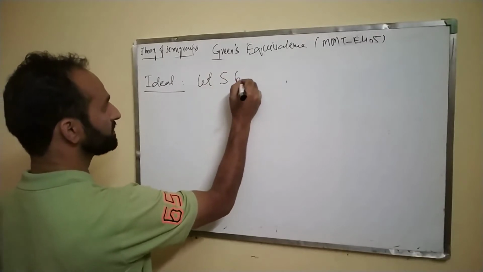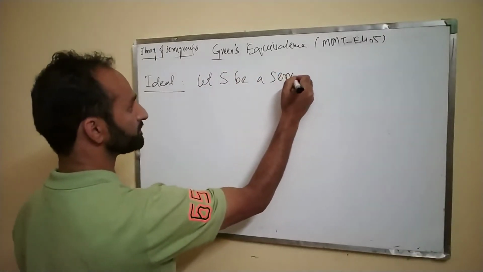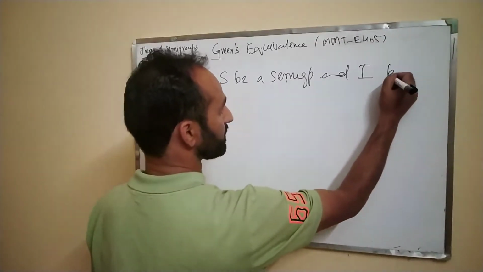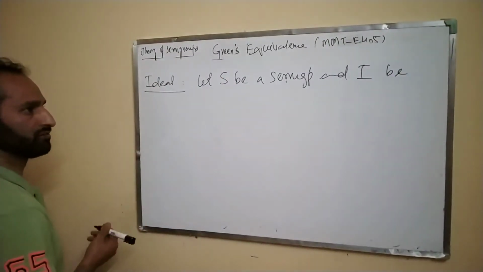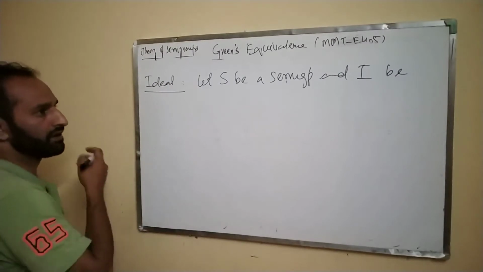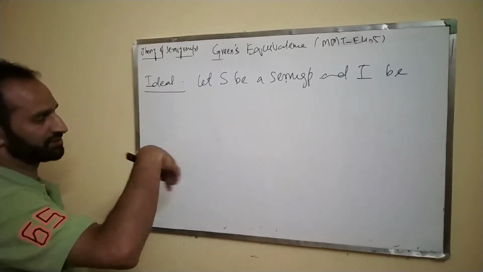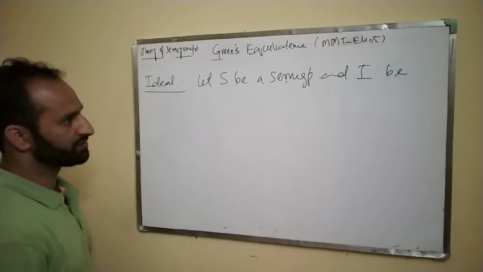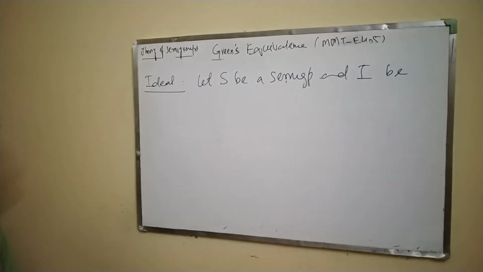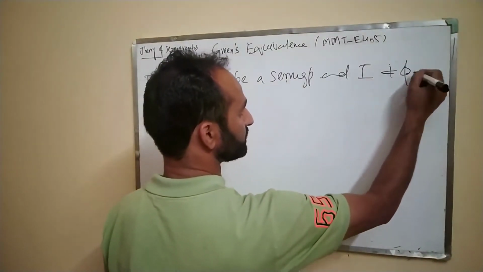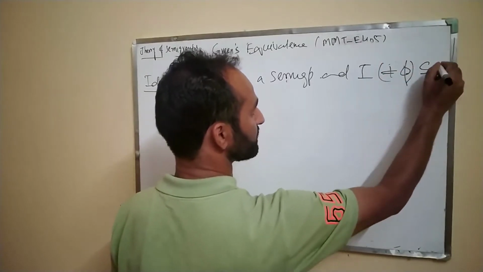Let S be a semigroup, and I be a sub-semigroup of S. So first it should be a sub-semigroup, not necessarily, be a non-empty set, you can say. Then I is not equal to empty set, a subset of S.